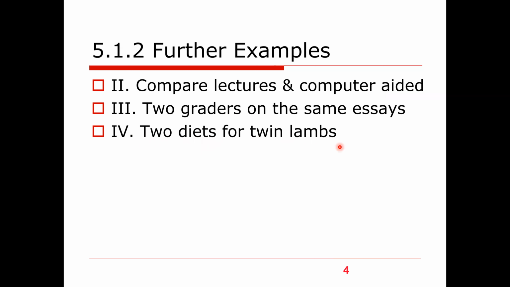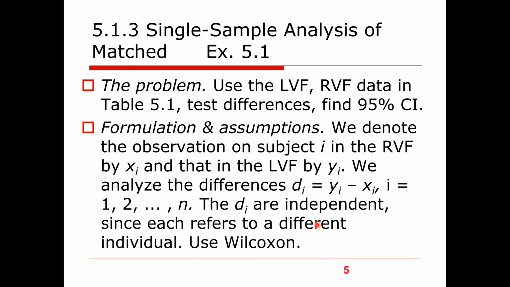So the key for paired samples is we only need to compare the difference between these two pairs. In other words, other factors between these two pairs should be all the same. In other words, these two pairs should be comparable.